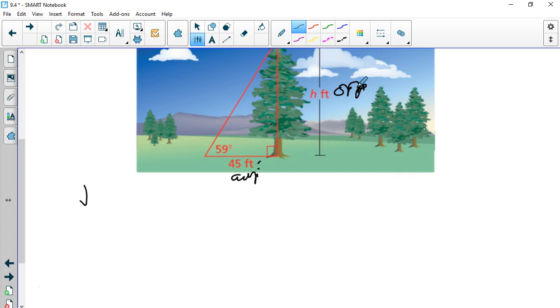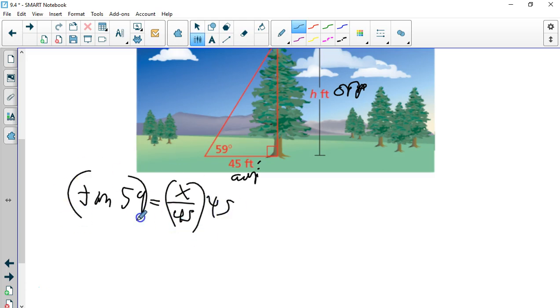Supposed to be a P. So, adjacent and opposite is tangent. I know my degrees, and I know opposite over, I could use H there if I want to, 45. Now this is the easy one. You don't have to worry about switching anything. If you want to get x by itself, you just multiply both sides by 45.